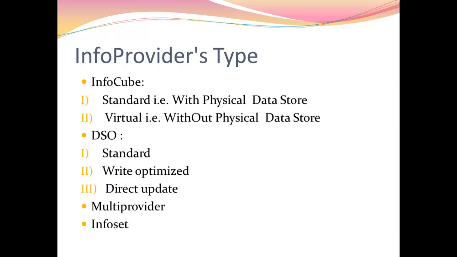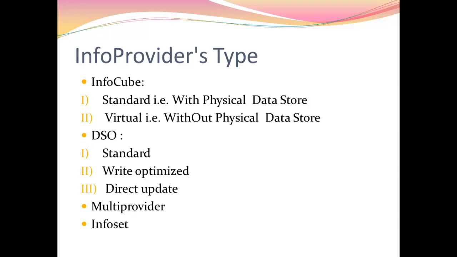Whenever we want to create a multi-provider, there should be at least one common info object available in the info providers which we are combining, and that info object should be a part of the primary key. It makes the union of all the info providers and displays it to us in the front end.